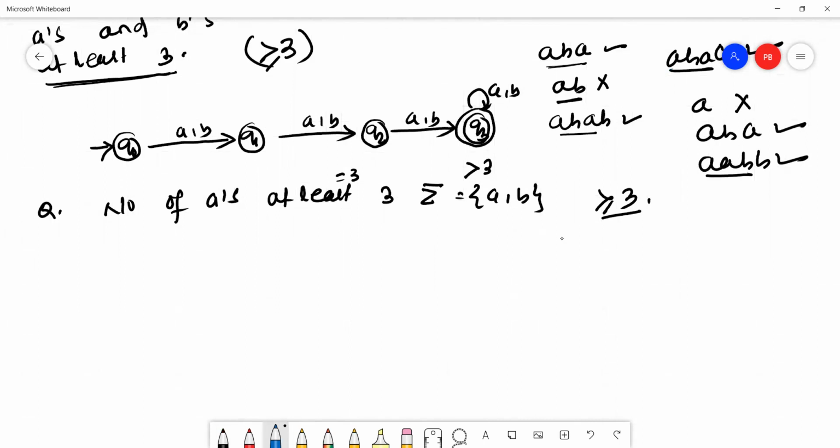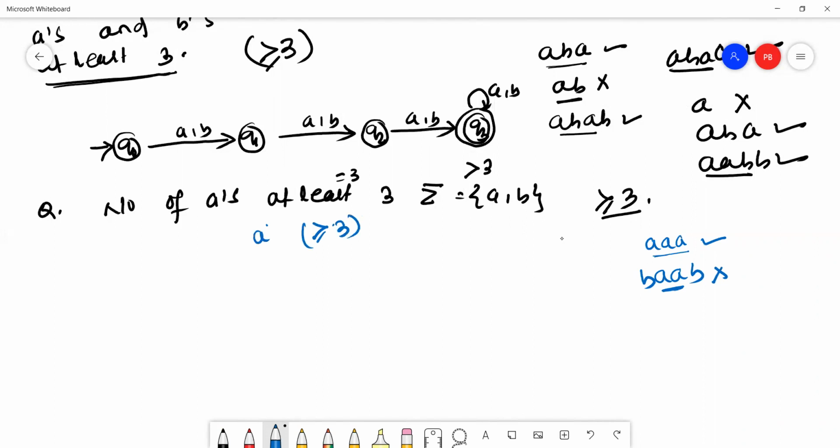Now we'll construct the DFA for at least 3. Number of A's at least 3 means, suppose triple A, yes, it is a valid string because the number of A's is at least 3. A, B, B: the number of A's is 2, so it is an invalid string because the number of A's must be greater or equal to 3.